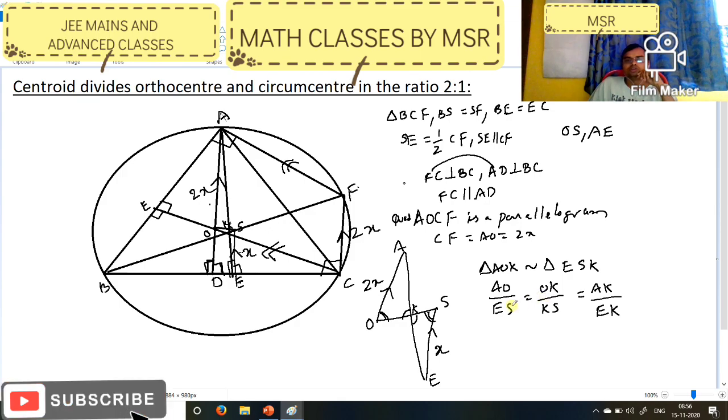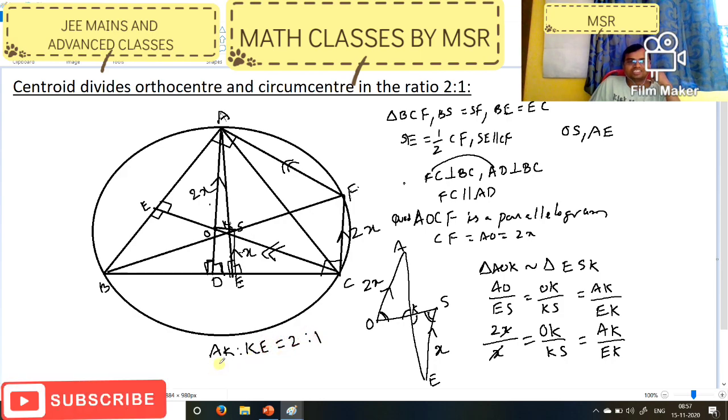Now check it out. AO length how much? 2x. ES length how much? x. So 2x by x equals OK by KS equals AK by EK. The x cancels, giving 2 by 1. So AK by KE is equal to 2 is to 1.